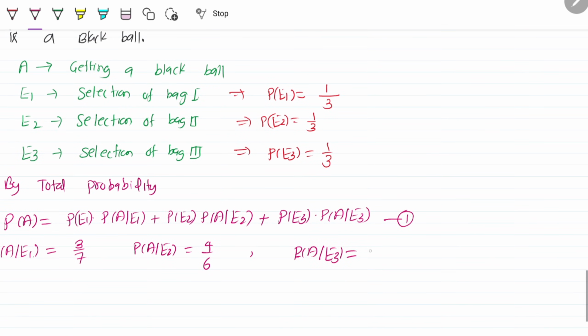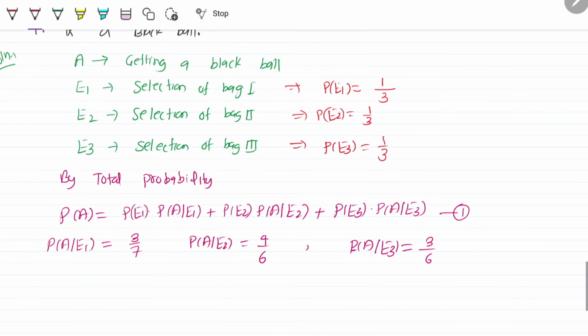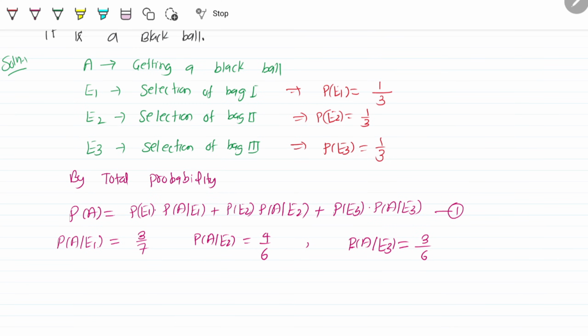So it is 3 by 6. Now put all the values in your equation 1. You will get the total probability. PA is 1 by 3 into 3 by 7, 1 by 3 into 4 by 6, 1 by 3 into 3 by 6.